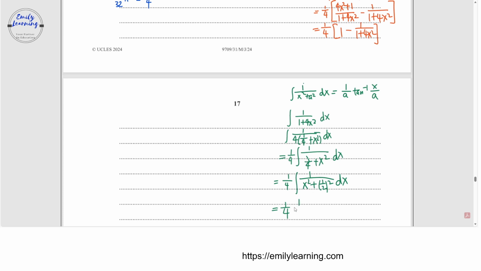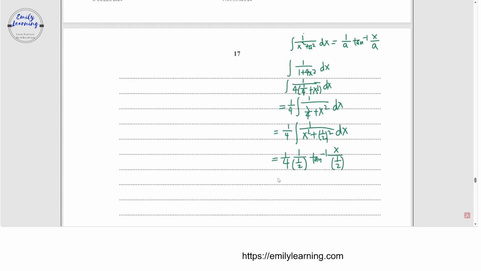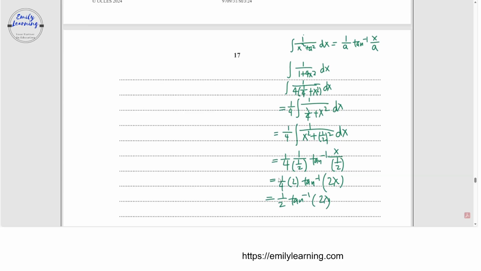So I have to integrate this. I will get 1 over a, or 1 over half, times tangent inverse x over a, which is half. Okay? So 1 over half is essentially 2. So this is 2x. So integrating 1 over 1 plus 4x squared will give us half tangent inverse 2x.